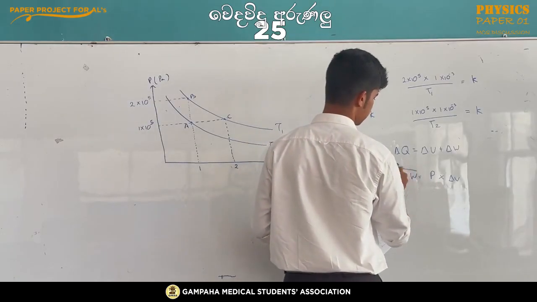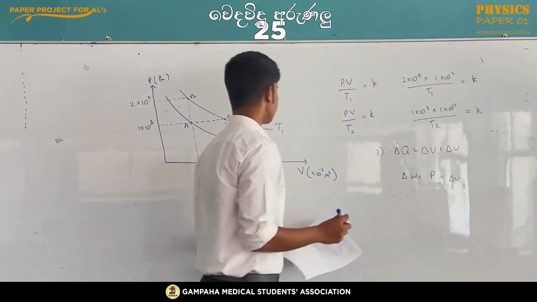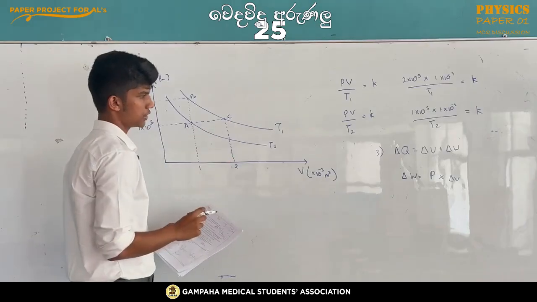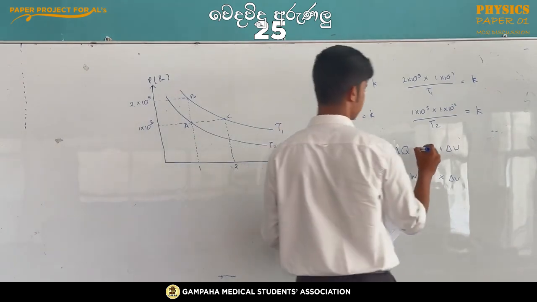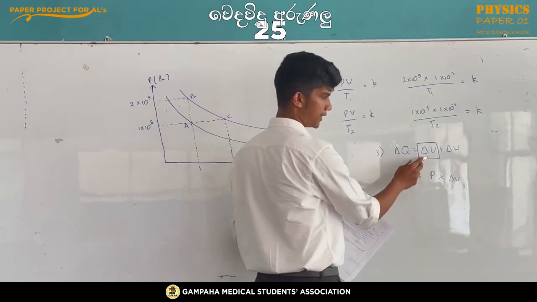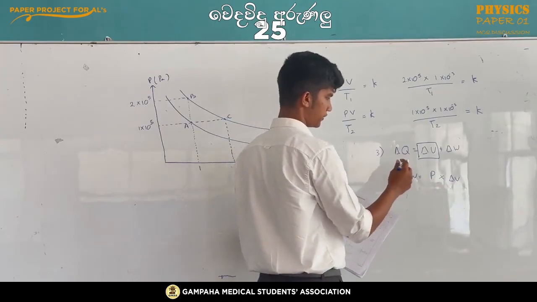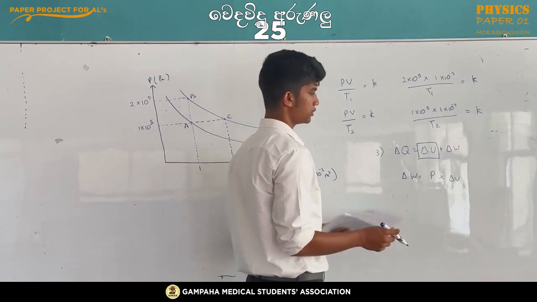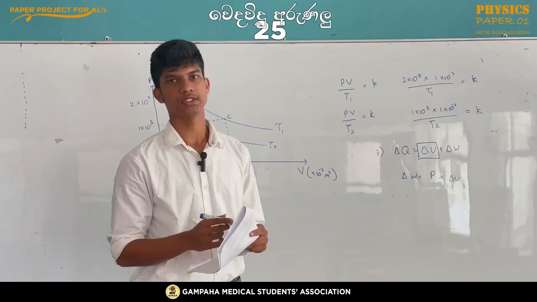And as you can see, when it expands from B to C, the temperature is constant, and therefore the internal energy of the gas doesn't change. So delta U is a constant. So if there is a work done here, and delta U is a constant, delta Q should also have a value. So delta Q has a value, and therefore there is an energy transmission from the surrounding environment to the gas. And therefore the third statement is false. The correct answer is the third statement.